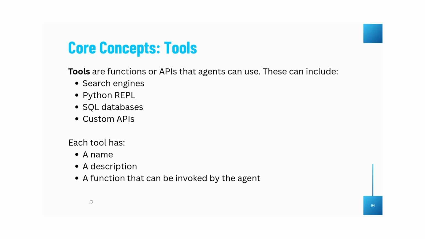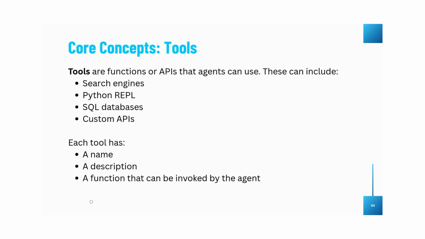Now let's dive into one of the most powerful features of LangChain: tools. Tools are external functionalities the agent can use to complete its task. LangChain includes tools like web search, Python code execution, calculator, API calls, database queries.